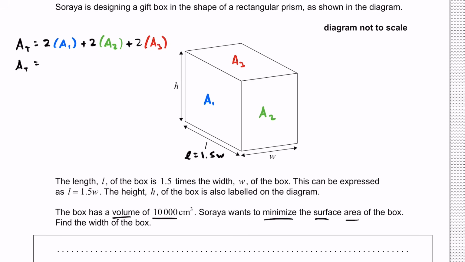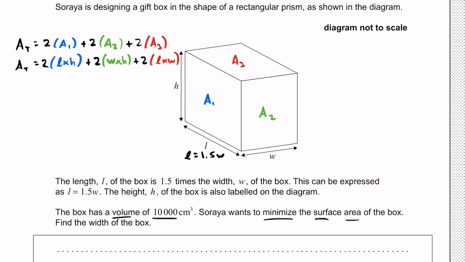This is a rectangular face, so it's length times width, or in this case, L times H. So 2 times L times H, plus 2 times W times H, plus 2 times, and if we're looking at this top face, this is the length and this is the width, so it will be L times W. Okay, so we actually have an equation, in some sense, for the total surface area right here.